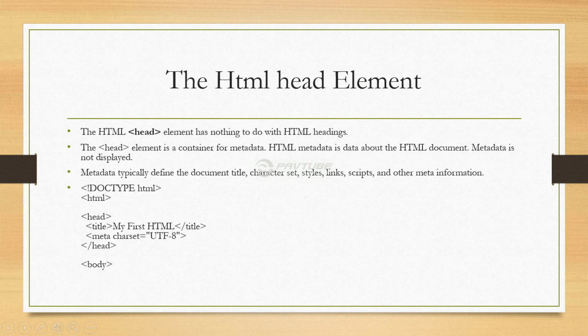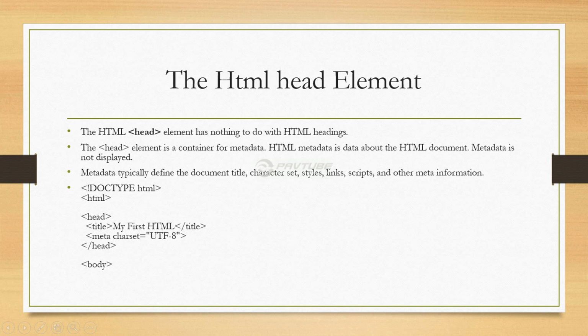So moving onwards, the HTML head element. The head element has nothing to do with headings. You have already seen it only contains the HTML meta tag. HTML metadata is data about the HTML document. Metadata typically defines the document title, character set, styles, links, scripts, etc. You are viewing in this example that the head tag is starting over here, ending over here.